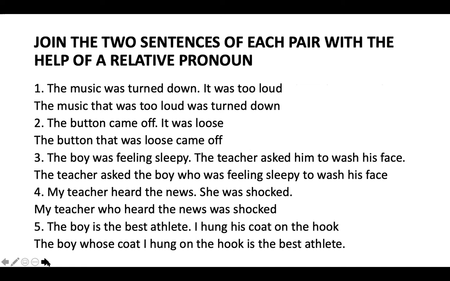First one, the music was turned down. It was too loud. Answer is, the music that was too loud was turned down. Number 2, the button came off. It was loose. Answer, the button that was loose came off.